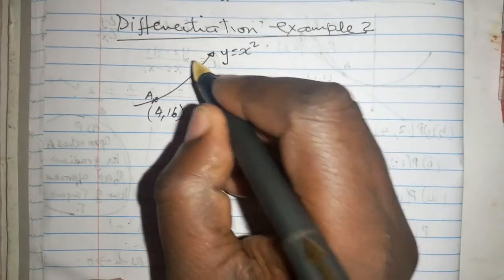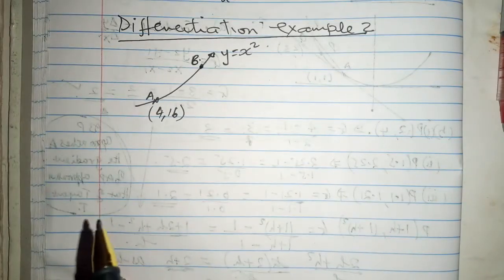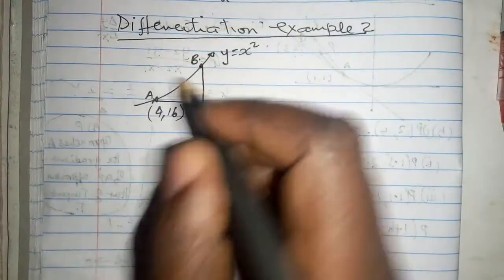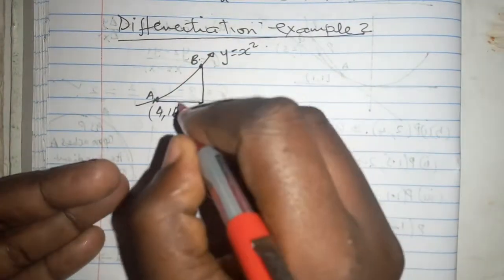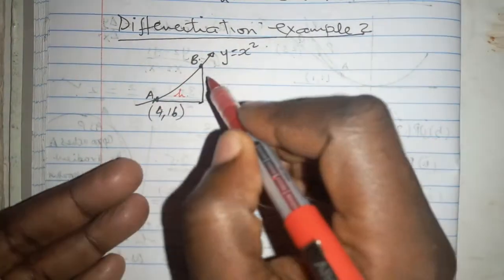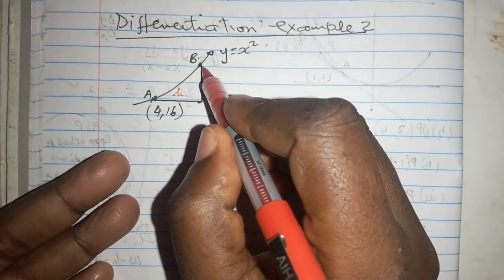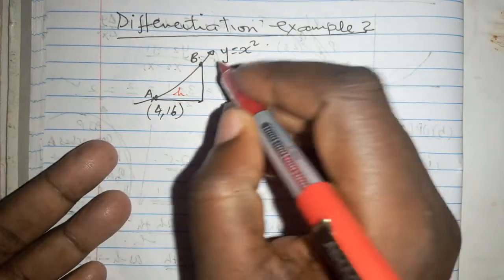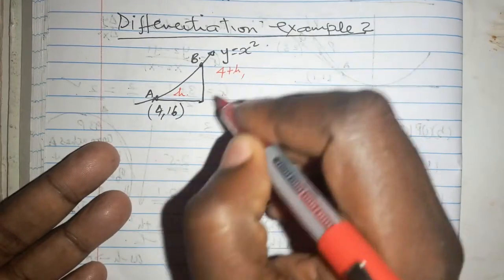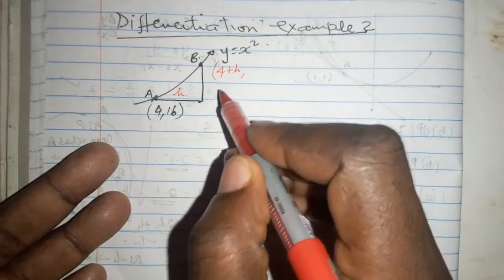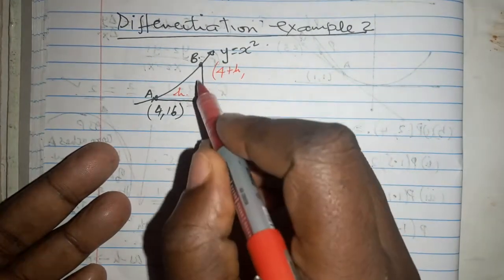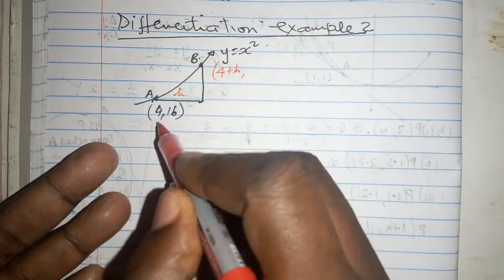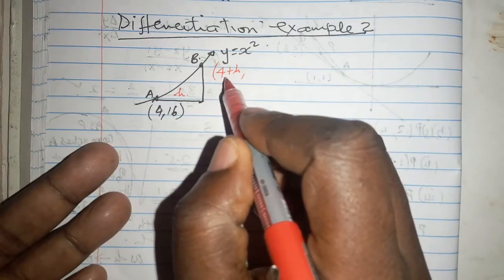And of course, assume we had a point B there, and from here to here is h. Therefore the coordinates of point B are going to be 4 plus h, the x value, and the y value of point B is the function itself at the value of x at that particular point.